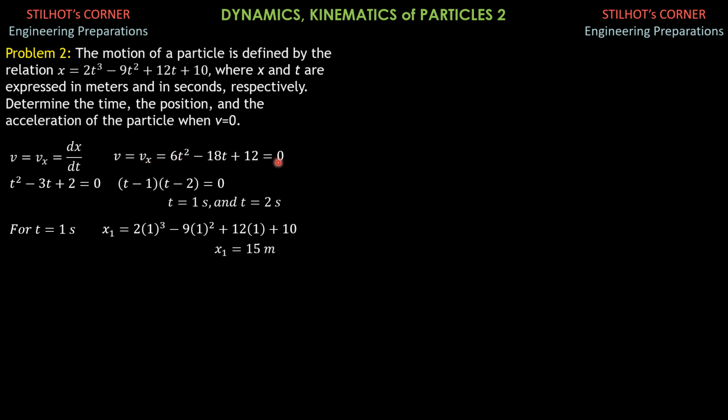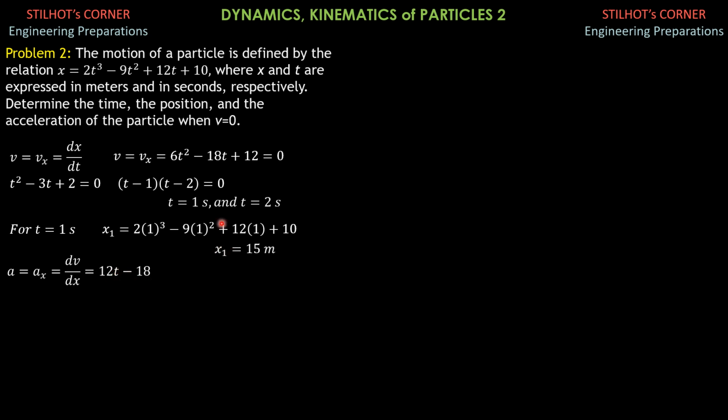This is already the expression for the velocity. So the derivative of velocity with respect to time is 12t minus 18. So that's the expression for acceleration: ax equals 12t minus 18.